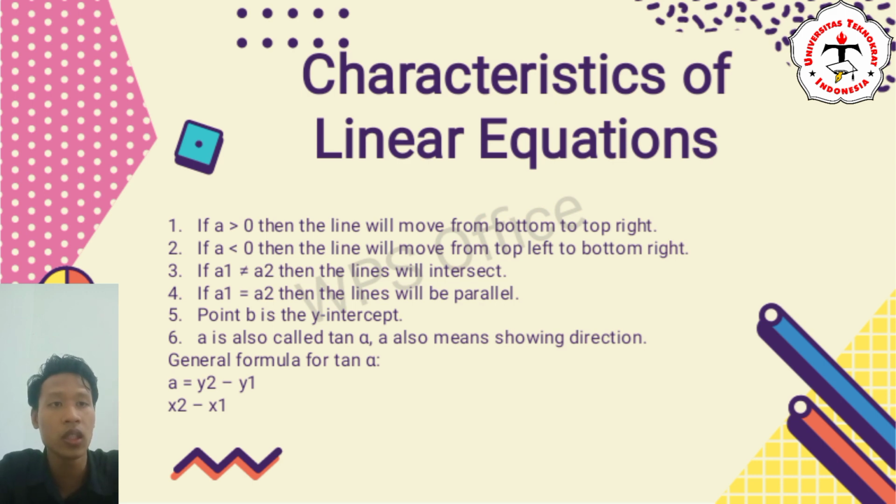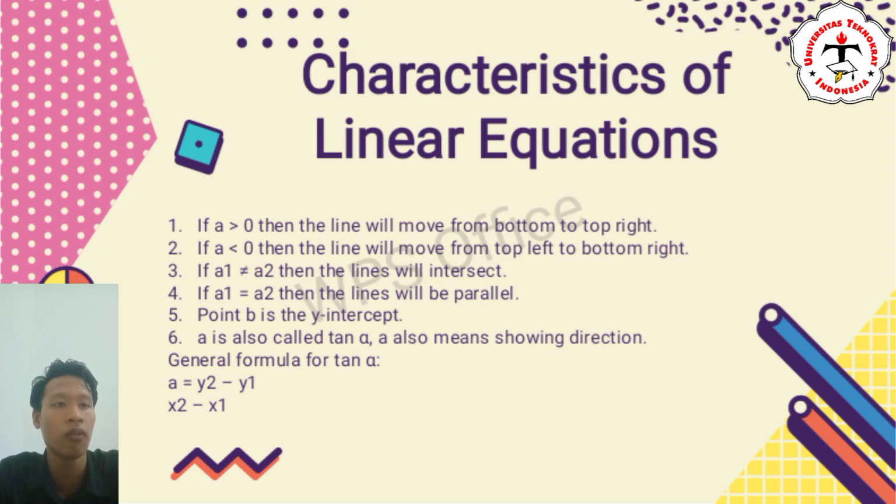Third, if a1 is not equal to a2, then the lines will intersect. Fourth, if a1 equals a2, then the lines will be parallel. Fifth, point b is the y-intercept. Sixth, a is also called tan A, and a also means showing direction.